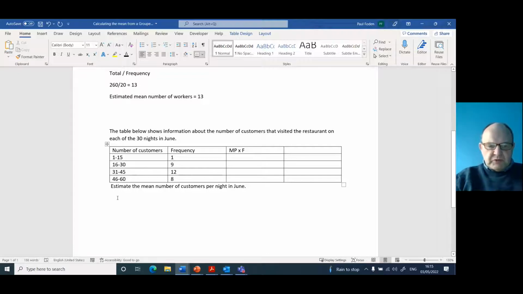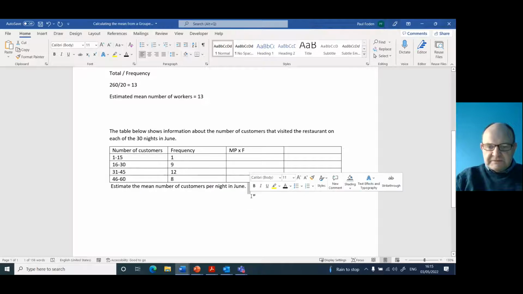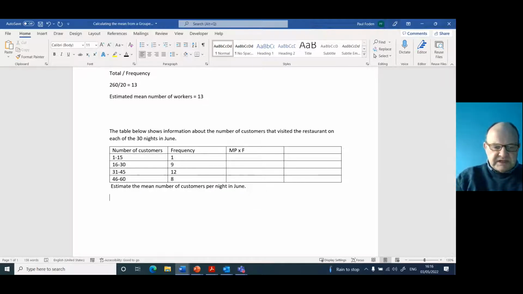So we look at our midpoint. We've got 15 take away 1. Whoops, I put 51 take away 1; that's a mistake. 15 take away 1 equals 14, and half of 14 is 7. So 14 divided by 2 equals 7.